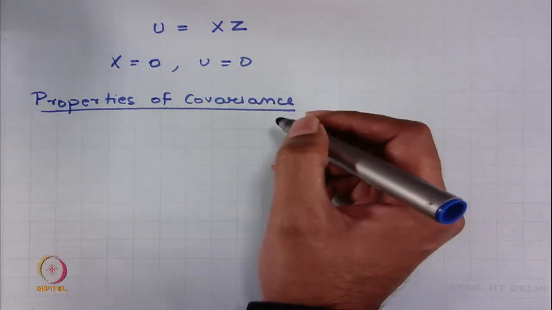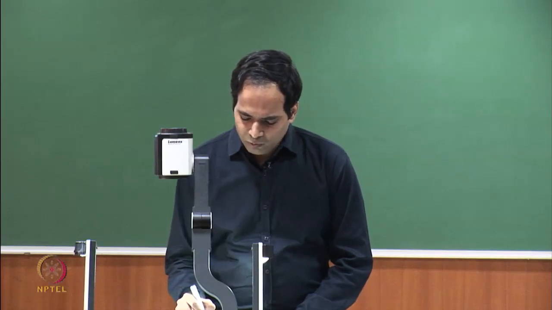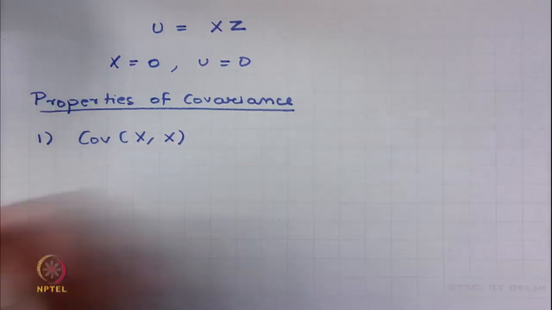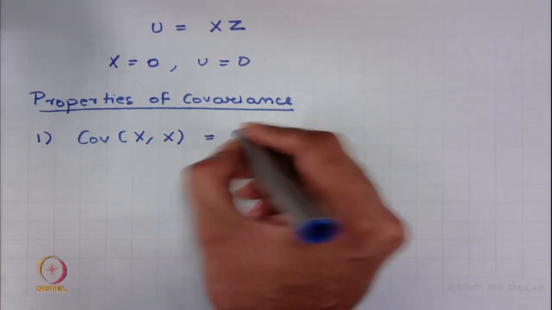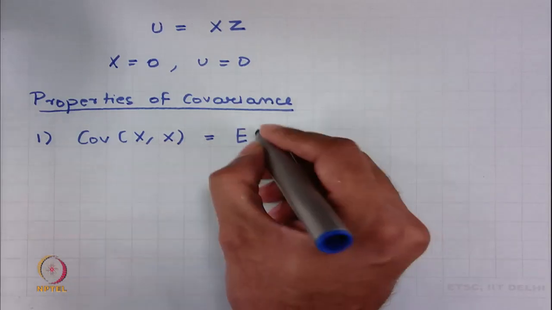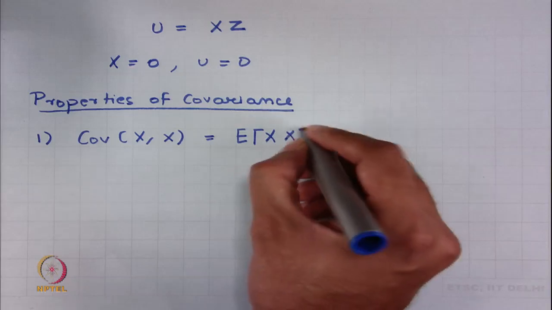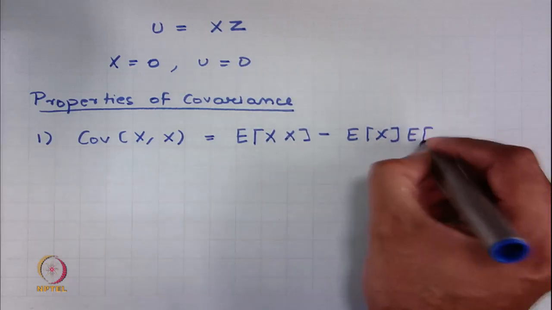The first important property that we have to understand is, what is covariance of x with x? Let us use our definition. Covariance of x with x is nothing but expected value of x into x minus expected value of x into expected value of x.